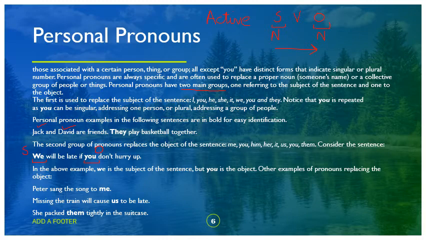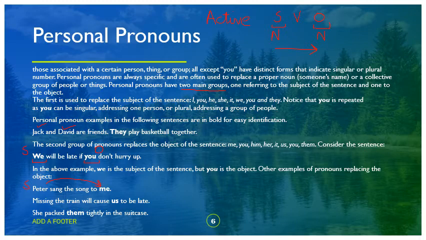Peter sang the song to me. Now here Peter is doing an action that is being transmitted to the other person. So here I will say Peter is the subject, sang the song. Now the song technically here is the object, but basically me is replacing, of course, the other person.